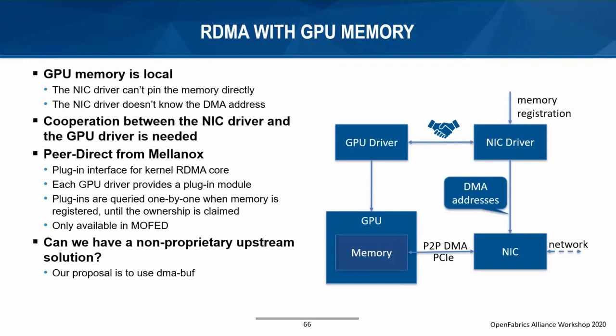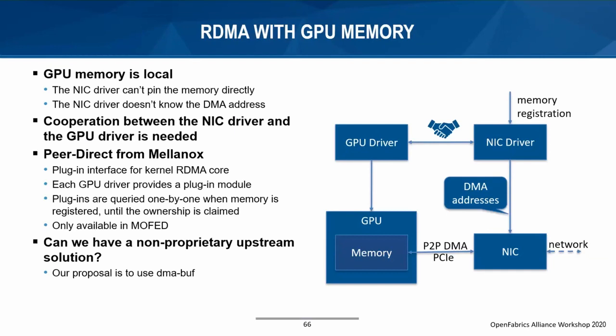When the RDMA core is doing the memory registration, it invokes the plugin functions one by one to ask if the memory is owned by that specific GPU.